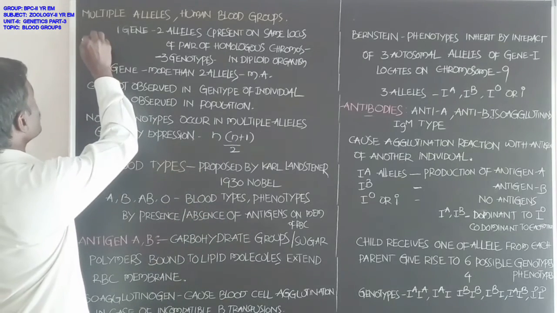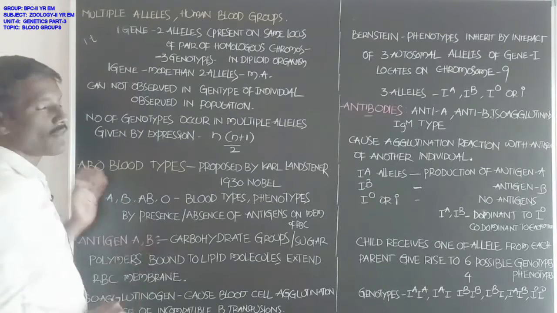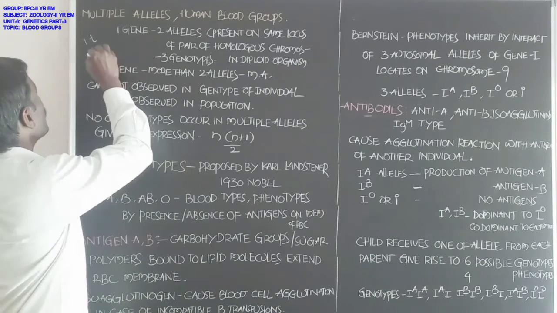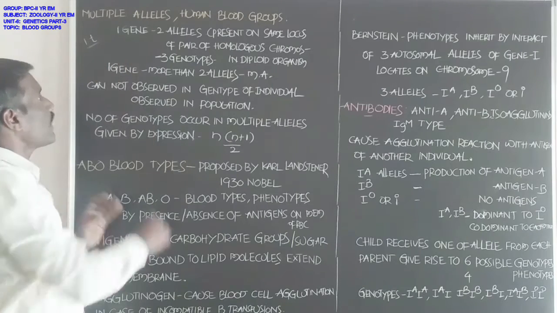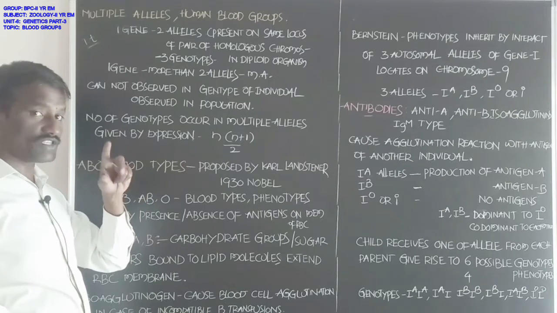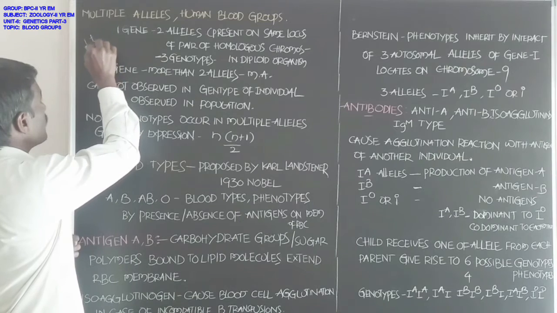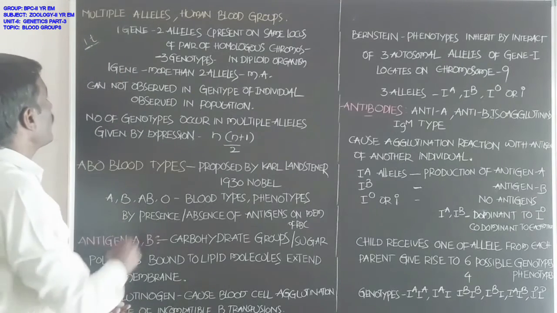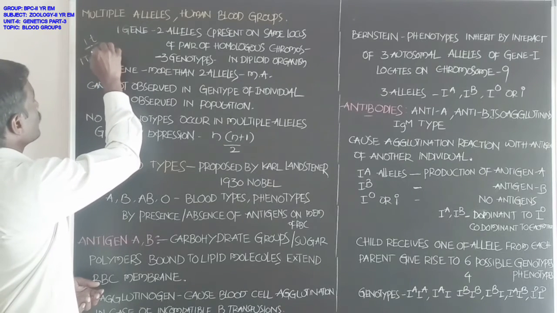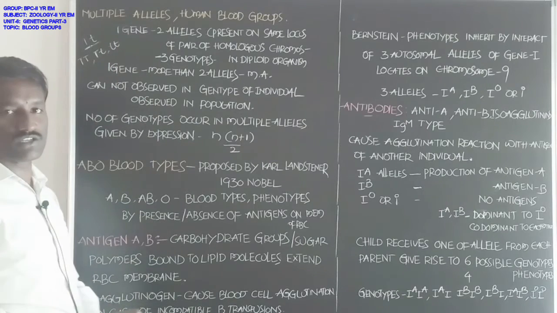Students, for example, capital T and small t are two alleles for one gene. These are the two alleles for one gene, one is small t and another is capital T. Next, the genotypes: capital T capital T, capital T small t, and small t small t.